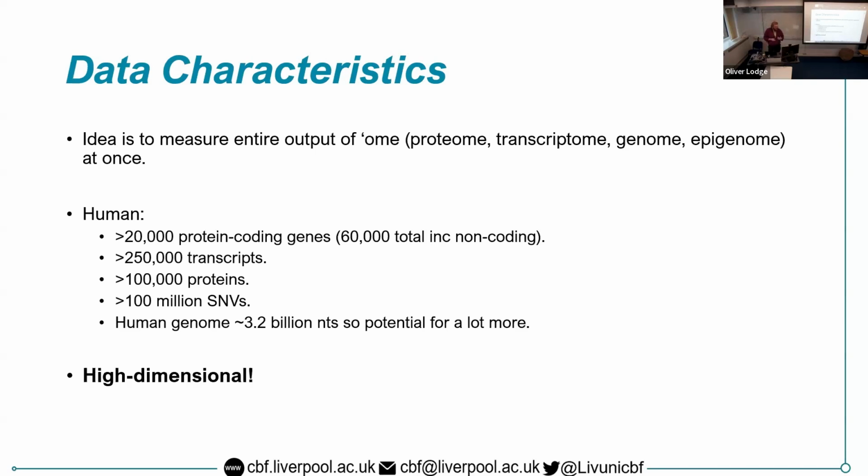Of the output of the genes, there are up to 250,000 transcripts because of processes like splicing. And of those that can be converted to proteins, because of different modifications, you can end up with hundreds of thousands of proteins.